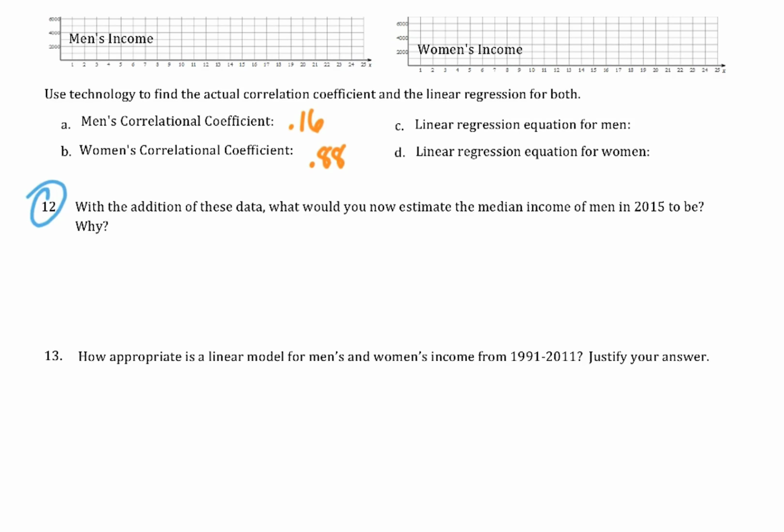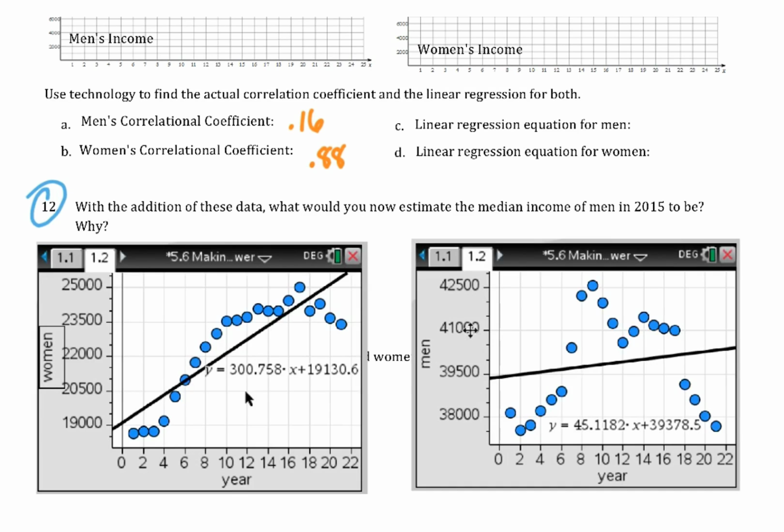So then let's see what we got for our graphs and stuff. Again, we've got our equations for the women, for the men. 2015 was 25. So again, we can now take a look and compare how different our numbers are going to be.